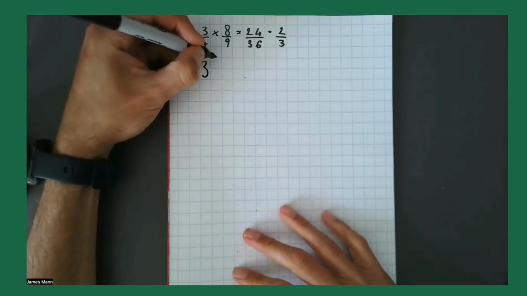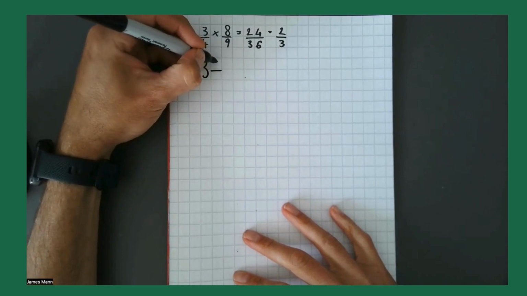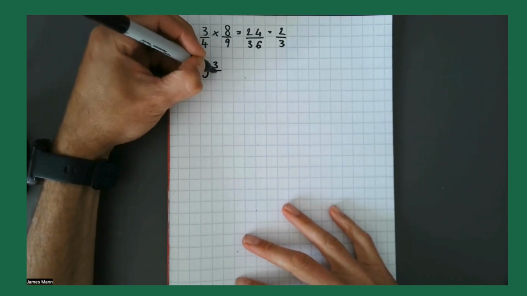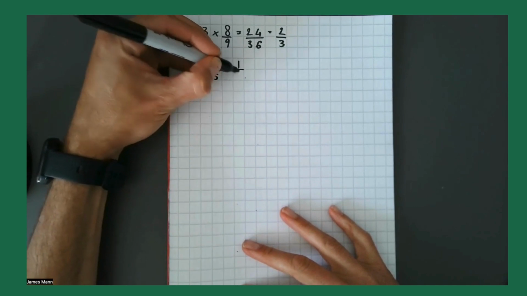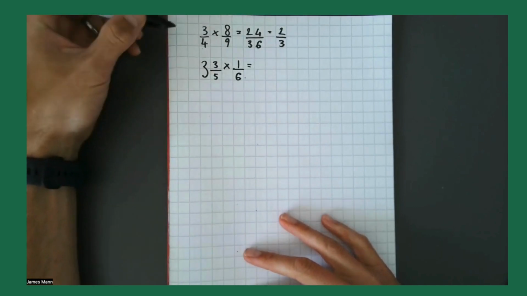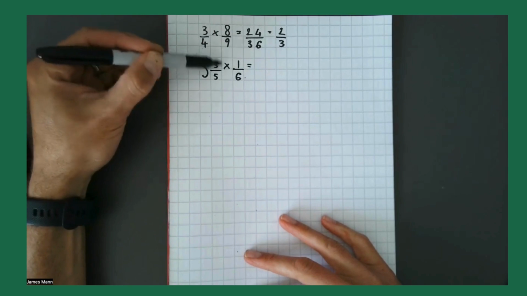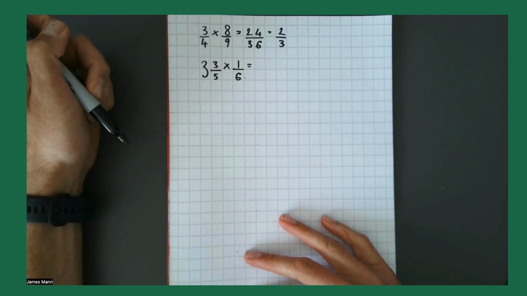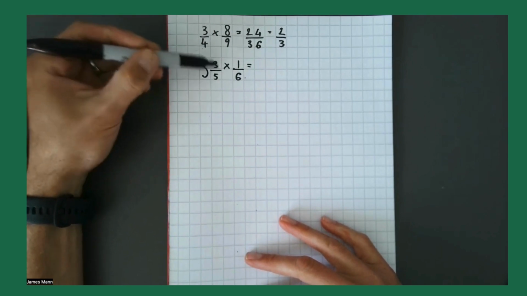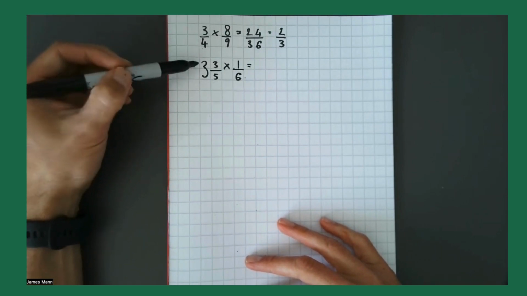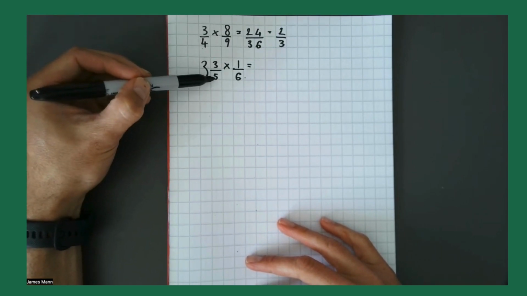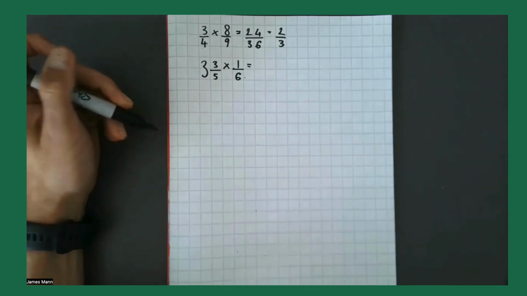Sometimes we're given a sum where we've got a mixed number multiplied by a fraction. So let's take 3 3/5 multiplied by 1/6. In this case, we just need to convert my mixed number into an improper fraction. The way we do that is we take our whole number and we multiply it by the denominator.